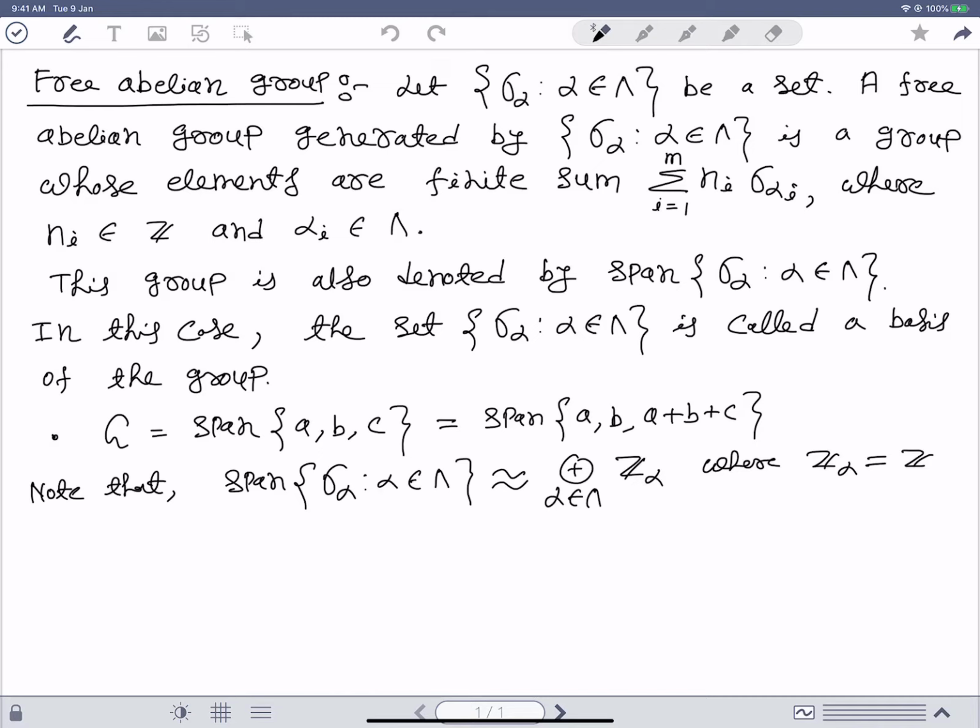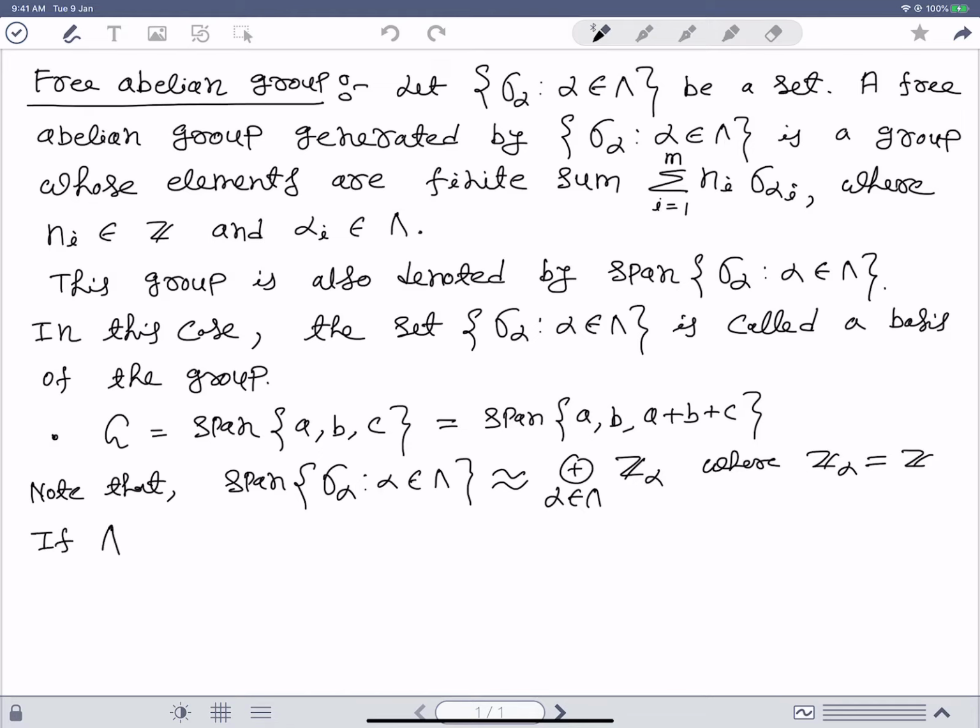Now, the direct sum and direct product are different groups in general. Now, if lambda, that is the capital lambda, the index set, is finite, then this direct sum will be the same as the direct product, right? We know that.